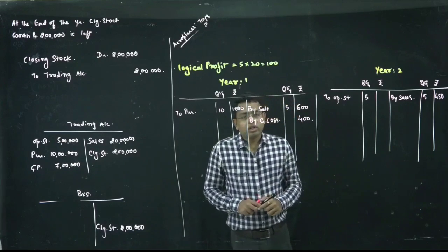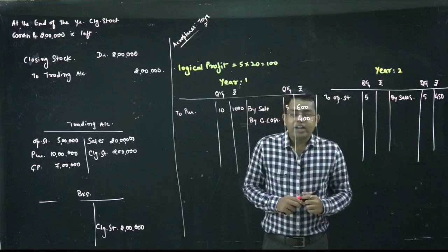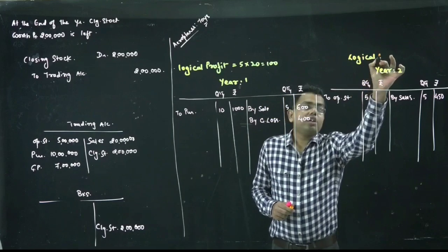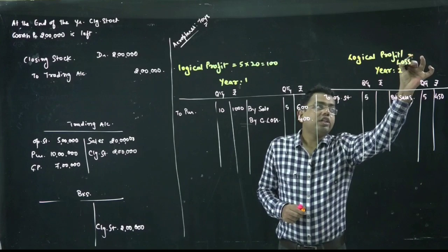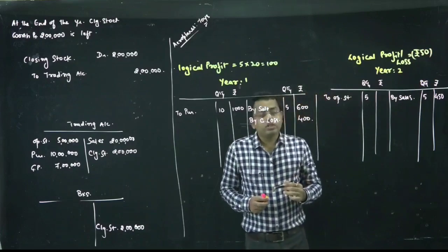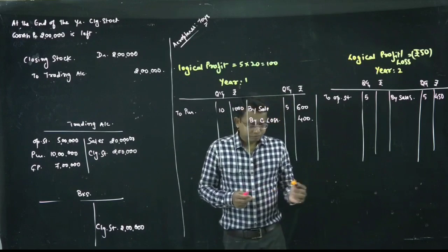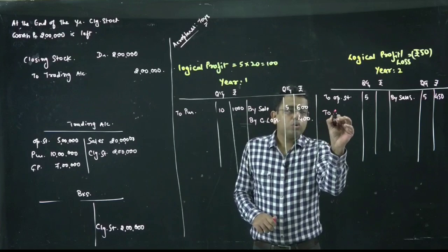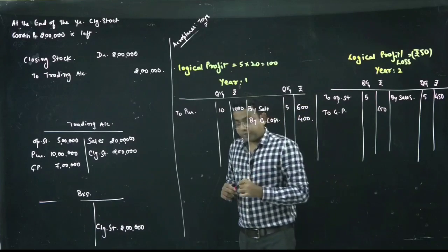Bad. He has made a loss. A plane, a toy purchased for rupees 100 is being sold for 90. So, logical profit or loss is a loss of rupees 50. I'll be writing the negative figure in brackets. But what does my account show? Account shows a gross profit of 450.